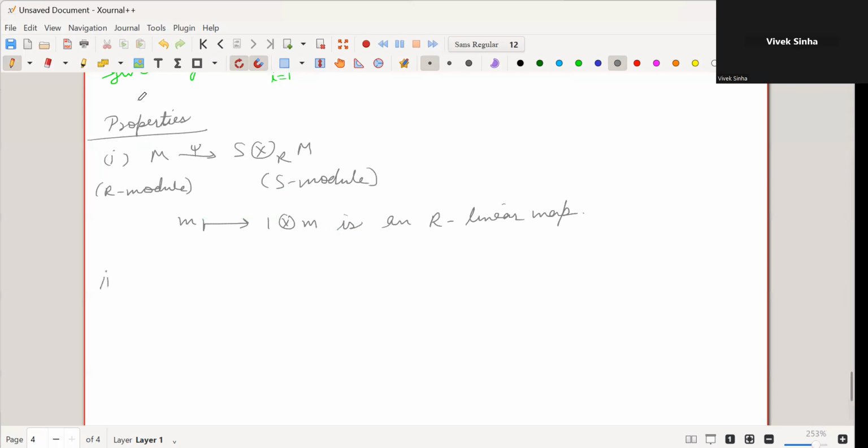Second thing is, let N be any S module and let f from M to N be R linear, which is an R module map.